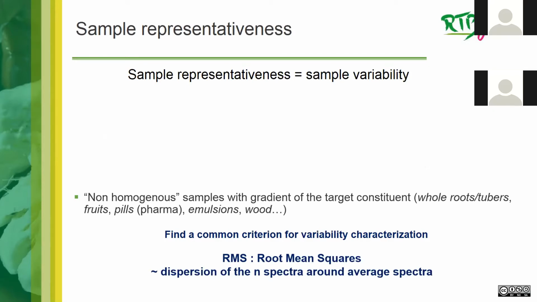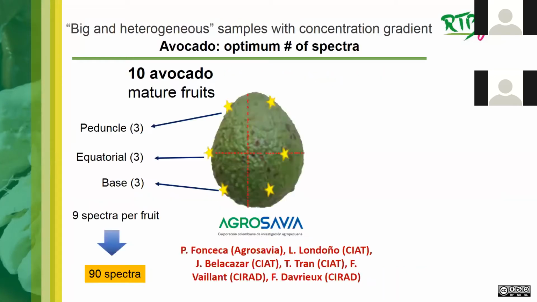Today we are going to focus on non-homogeneous sample with gradient of the target constituent, which is similar to the problem we face with roots and tubers. For the webinar today, I chose an experiment done by Pablo Fonseca from AgroSavia in Colombia with the help of Luis Londoño, John Bellacazar and Thierry Tran from CIAT, and Fabrice Vaillant from CIRAD.